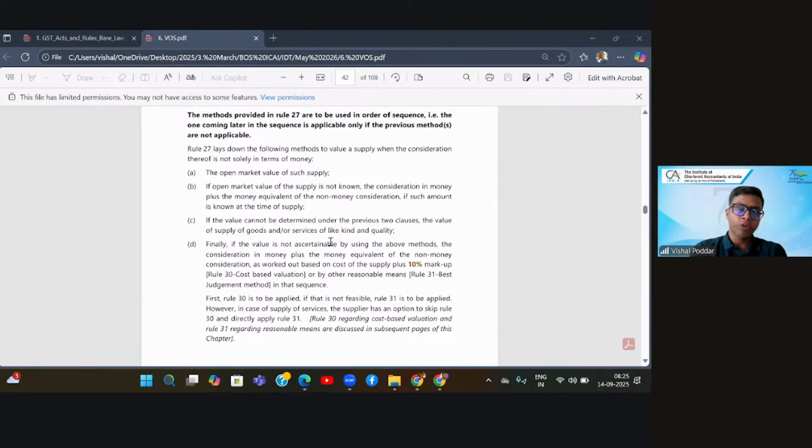But if he also does not have a standardized rate card, he charges different fees for different case scenarios, then even B will fail. Now, if B also fails in this case scenario, how will C help me determine? So that you will understand whether C is also applicable. If not, we'll go to residuary.